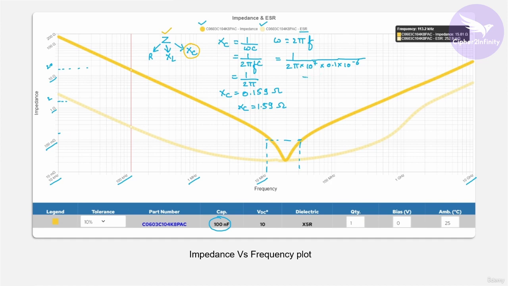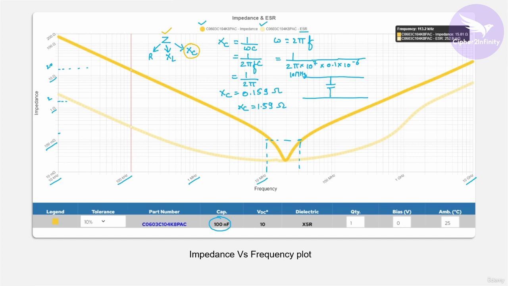So for example, let's say that this is a power line and this one is a ground line, and between them the capacitor is connected like this. If there is a frequency of let's say 10 megahertz here, then that frequency is going to see this capacitor as a complete short circuit.